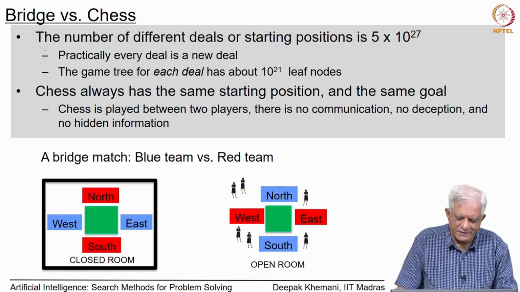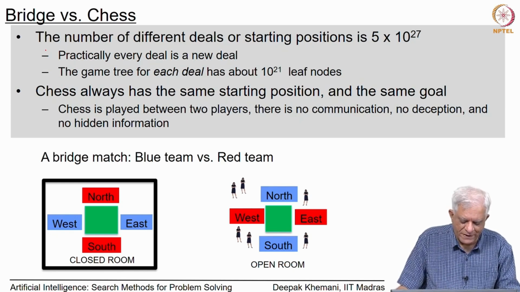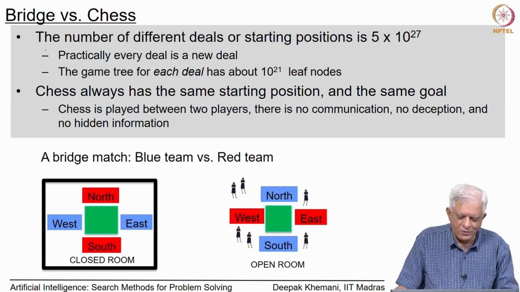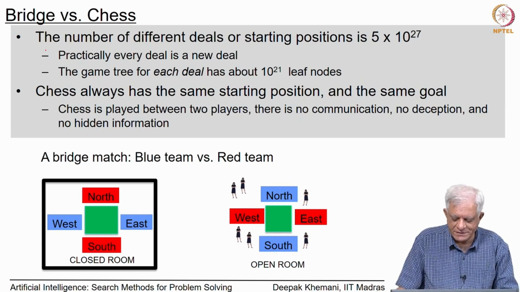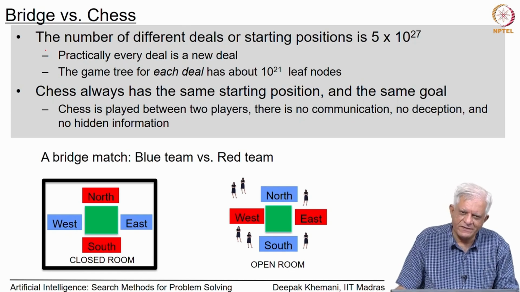And you can see that the two players in the corresponding position, for example, west and east, are from the blue team in one room and from the red team in the other room, which means that they will be holding the same cards. Whatever cards are played in one room are then sent over to the other room.